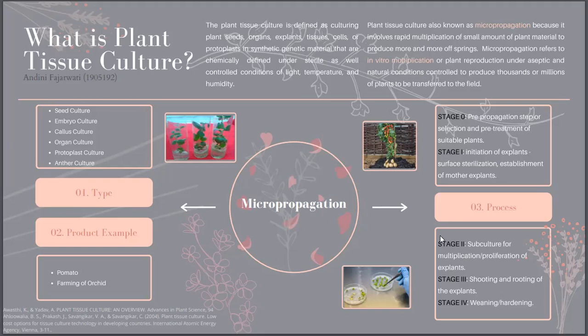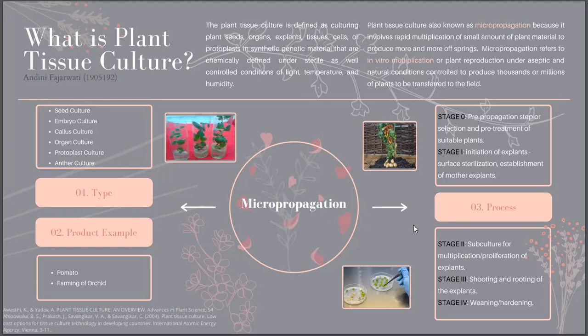And then the plants that have already grown, we call plantlets. Plantlets will undergo stage 4, which is hardening or weaning. In this stage, the plantlets will be placed in the ground in the new environment, not in the lab anymore. So it will move to the wide environment.